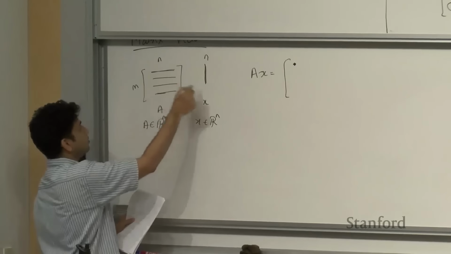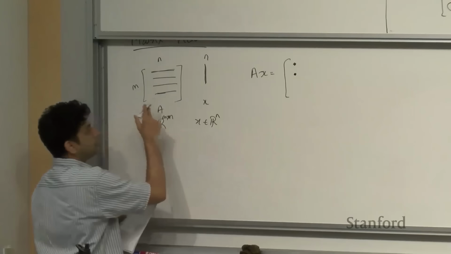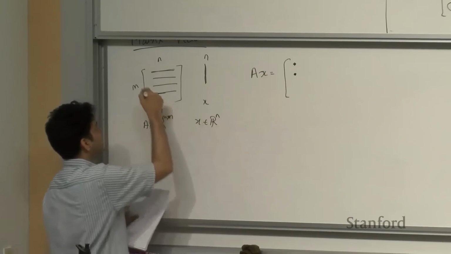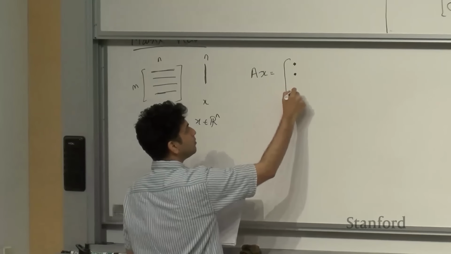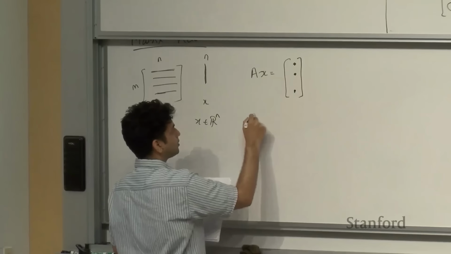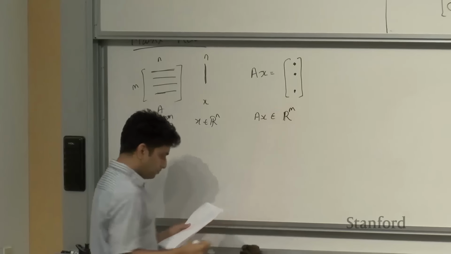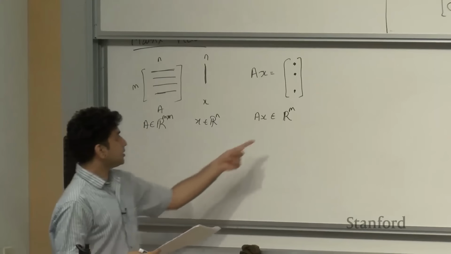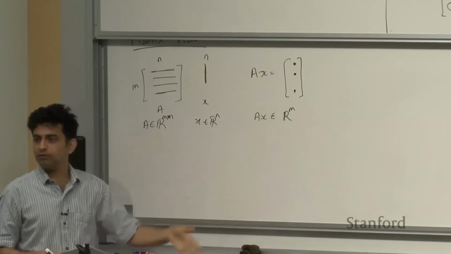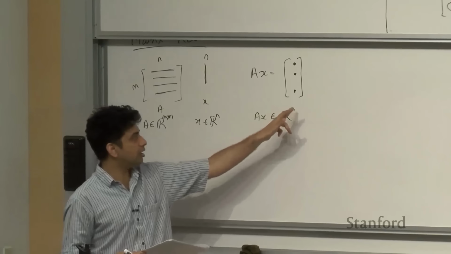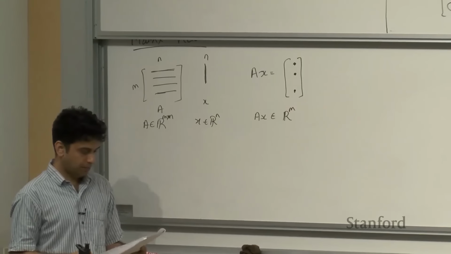Take the second row, do the inner product, you get another scalar. And you're going to get as many scalars as the number of rows you have in the matrix. So Ax is in Rm. You can write this as m by 1, but we assume vectors are column vectors. So if I write just Rm, just assume it's m by 1 if you want to think of it that way.